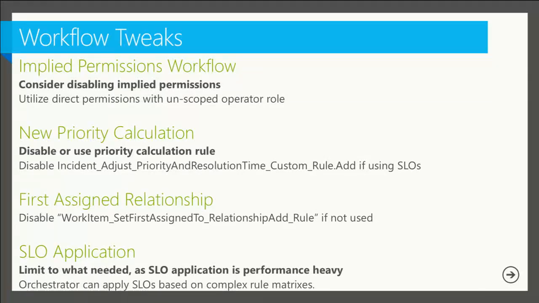We also found that we can sometimes use Orchestrator to augment application of SLOs in a much faster way. That's something you should keep in mind and check the documentation on: keep your SLOs to a minimum. Not saying you can't have SLOs. Certainly most organizations need SLOs. They're very valuable. But limit them to what you're actually using. Don't just create them to create them.